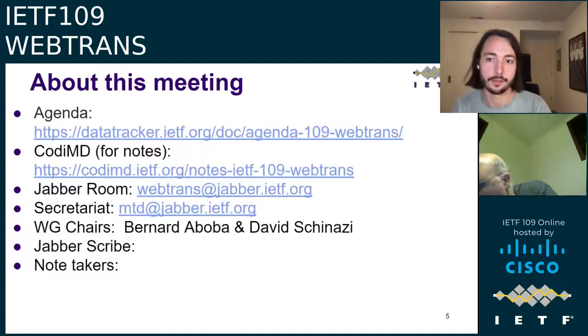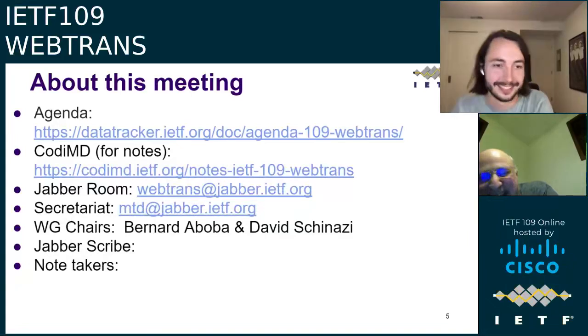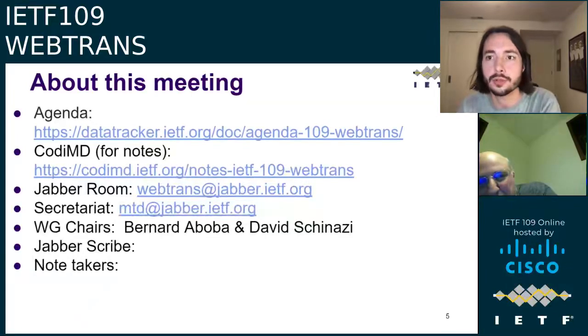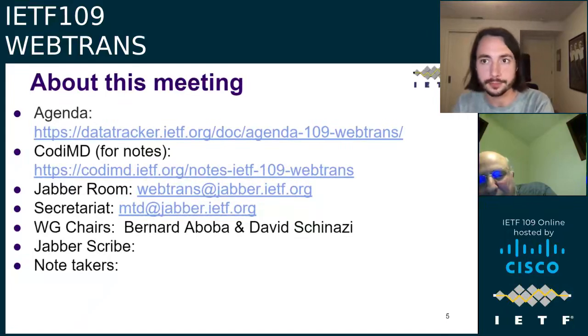I'm assuming that maybe everyone is clamoring to volunteer for note taking, but they haven't figured out how to use the audio tool. Looking for the link so that we can verify we can actually get into the notes this time. Yes, please. So from Meet Echo, if you click in the top right, there's a link to the note meeting tool, and you can either have it inline or you can open another tab.